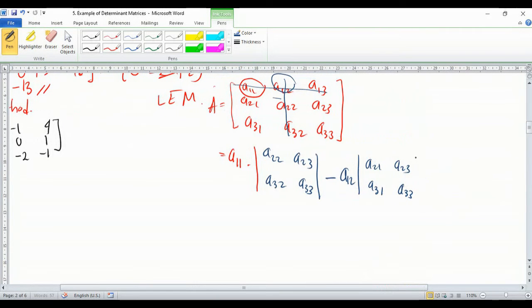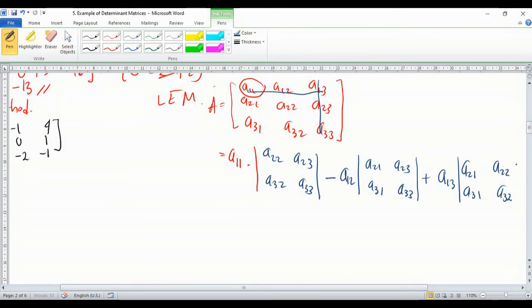How about now we take A13, plus A13, they have the first row and the third column. So this one will be A21, A22, A31, A32.